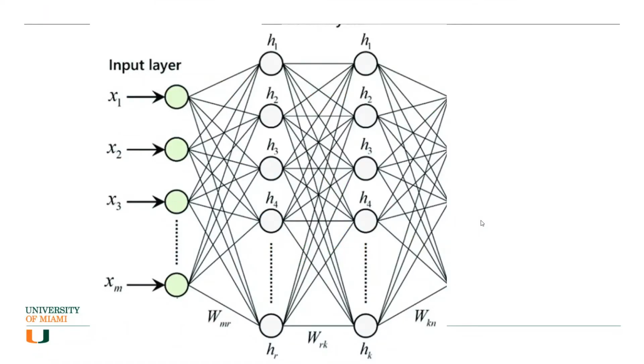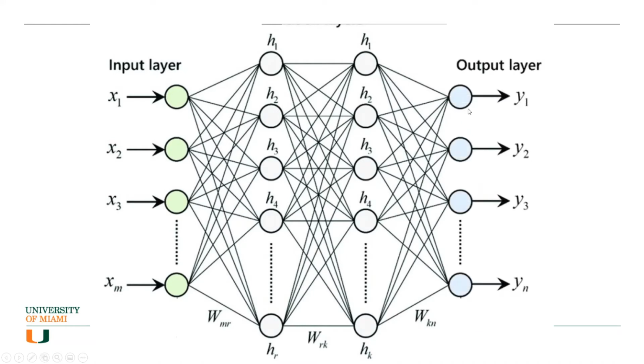Finally, we have to decide about our output layer. Our output layer is going to include the nodes that are going to contain the values for the classes that we have. We have to decide how many nodes we need here, and that should correspond to the number of classes that we have. And remember, we had 10 clothing items. Therefore, we need 10 nodes in the output layer.